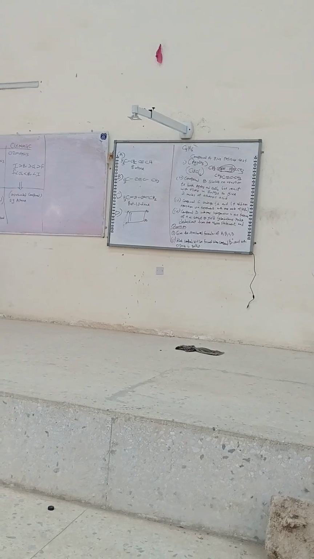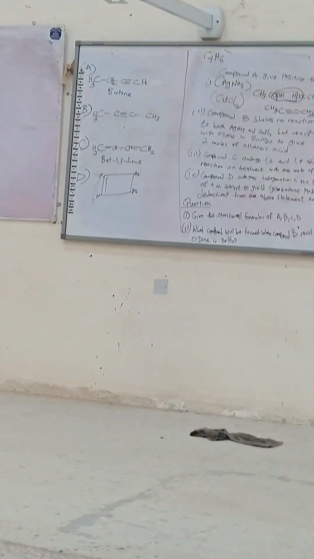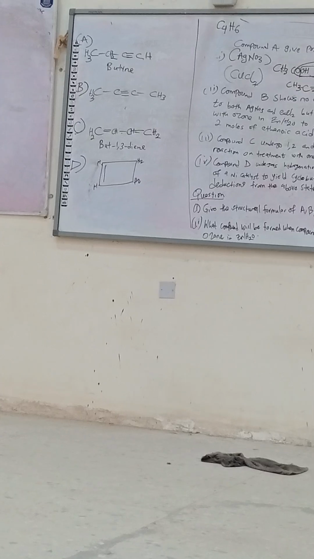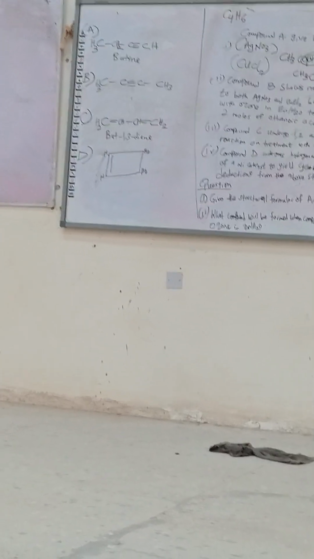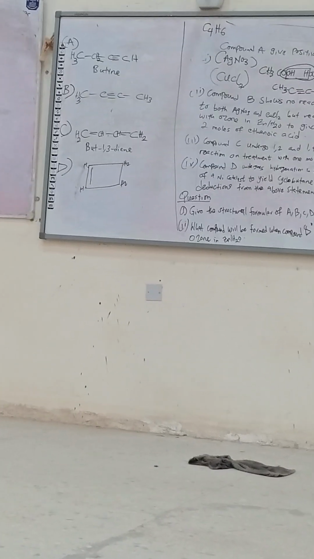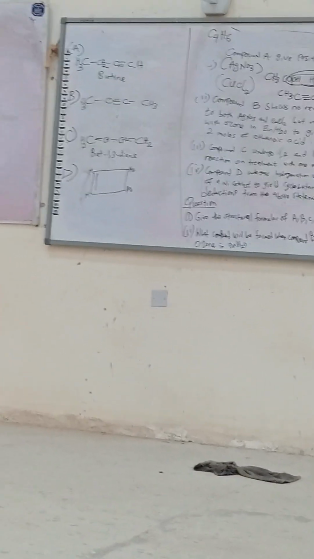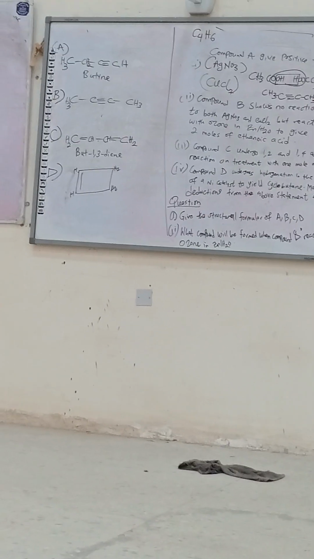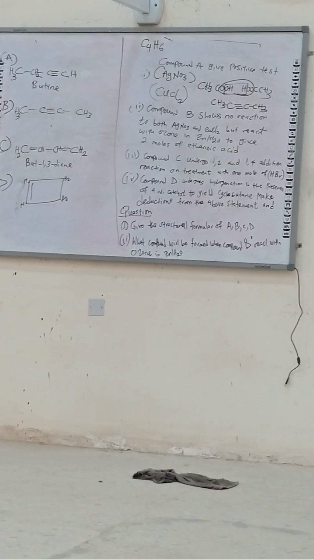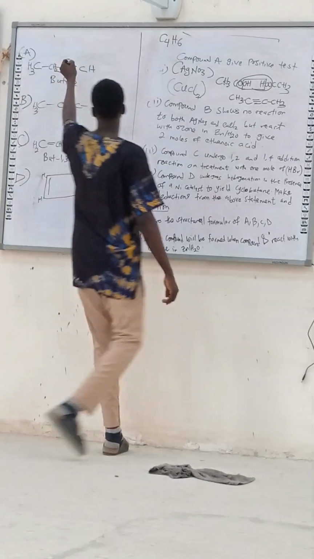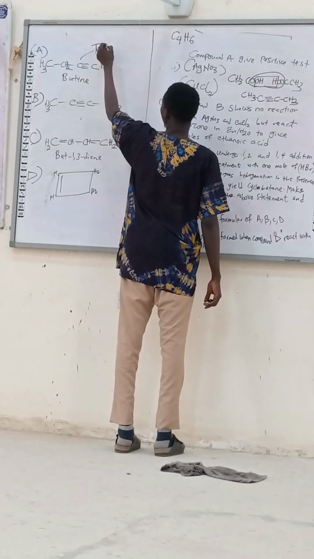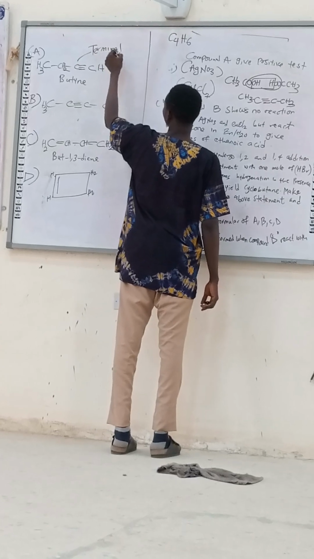So what was compound 1? But-1-yne. What was compound 2? But-2-yne. What was compound 3? But-1,3-diene. And the last one, cyclobutene. Are we together? Now, it has told you that this person is what? Terminal alkyne.